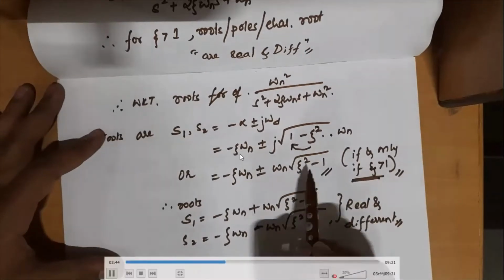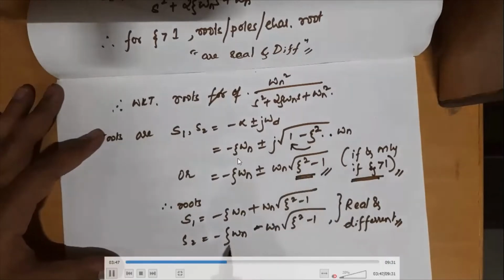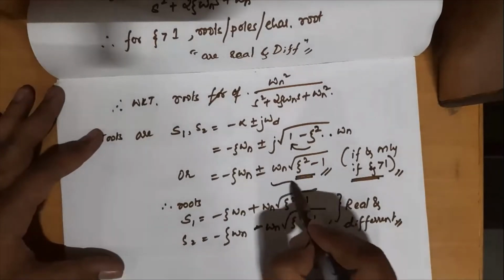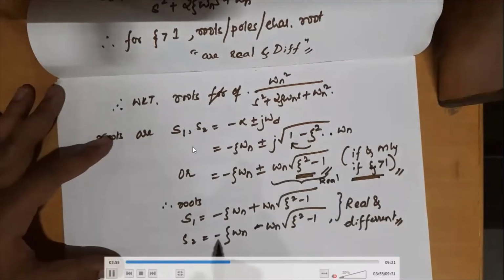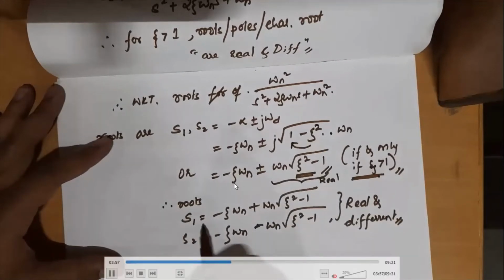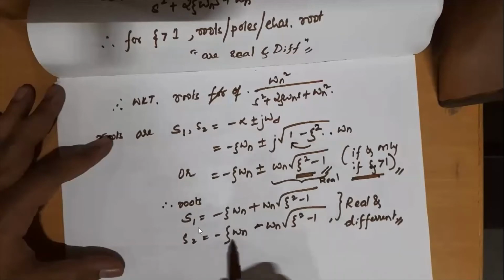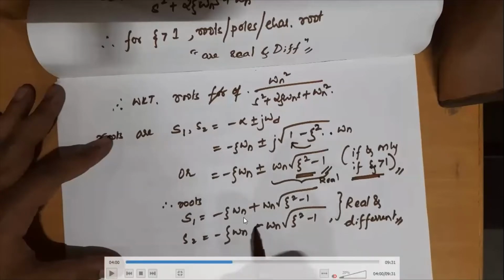So this zeta and omega n is a real number. There's no doubt. So again we have a real plus a real number, which is a real number, or we can call it a real root. So both are real roots. I will call the first root s1, minus zeta omega n plus omega n square root of zeta square minus 1. This is the first root.